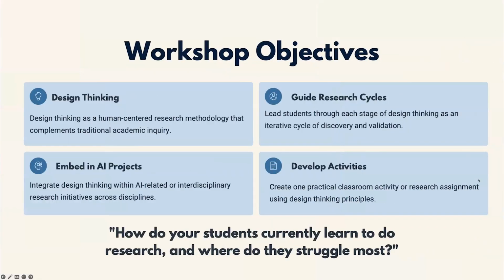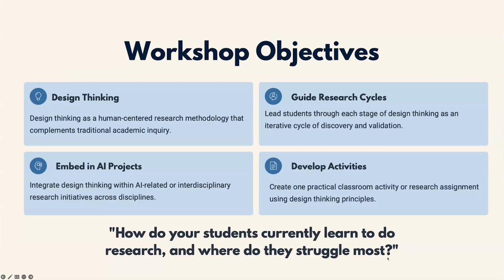We're going to look at design thinking and talk about the different stages. There are 5 stages. We're going to look at how we might encourage students to critique existing AI applications or to build their own. And hopefully we'll come up with an activity that we could take into the classroom.